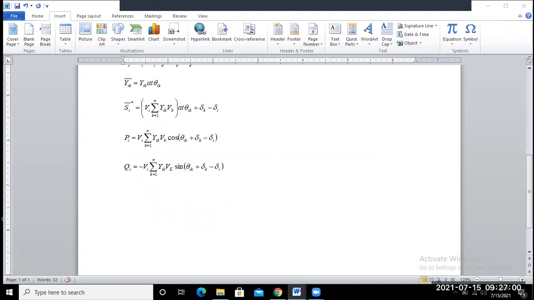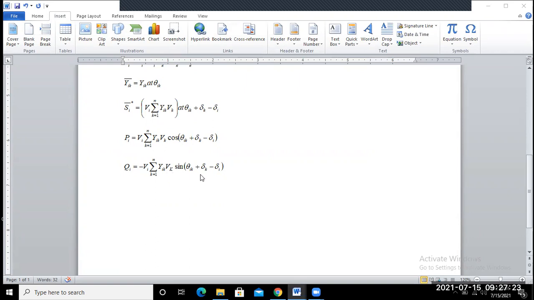Pi equal to Vi summation of k equal to 1 to n Yik Vk cos of theta ik plus delta k minus delta i, and Qi equal to minus Vi summation of k equal to 1 to n Yik Vk sin of theta ik plus delta k minus delta i.